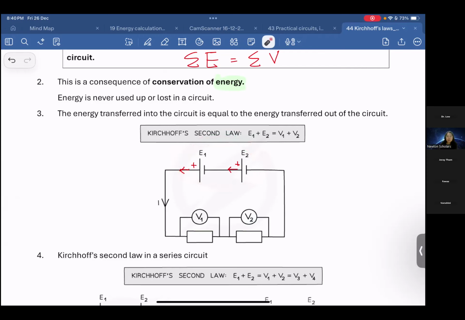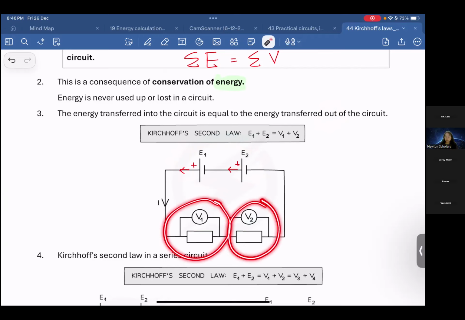Then it equals the energy transferred out. What energy is transferred out? For example, a resistor produces thermal energy and loses it to the surroundings. Voltage will drop due to the components, which is V1 plus V2. They use up the voltage.